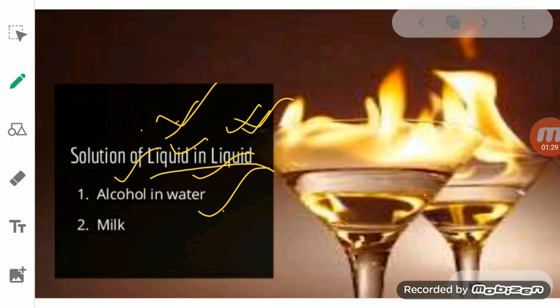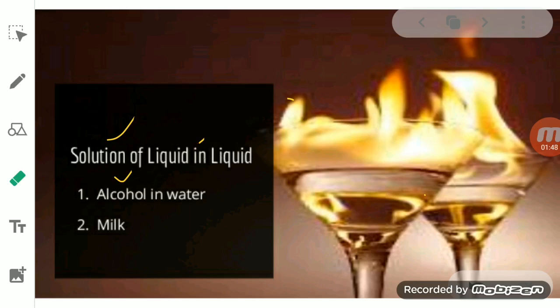Now you can see here this alcohol easily mixes with the water, and when you mix this alcohol in the water, it will form a homogeneous mixture, and that's why we are considering it a solution. Okay, so this is the solution in which we had taken liquid alcohol, and we are dissolving this liquid alcohol in the water, which is also in a liquid state.